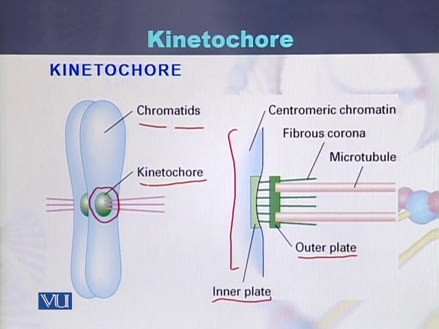One plate is called the inner plate, which is present on the centromeric region of the chromosome, and a second plate is called the outer plate. This outer plate is formed after the attachment of the microtubules.